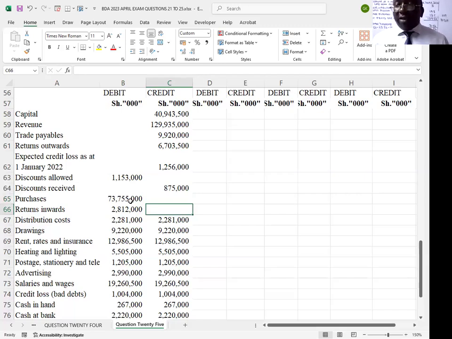Distribution costs, that is an expense, and expenses are debited. Drawings reduce capital, and therefore they should be debited.